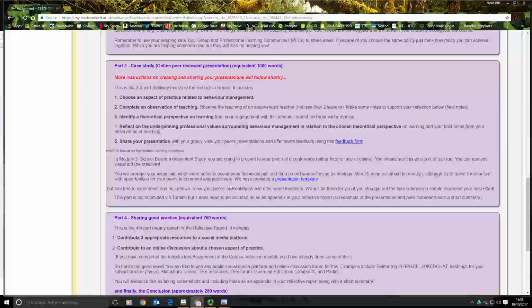Exactly. So this is where you do get a chance to talk about behaviour and behaviour management. It's quite a nice way of looking at it. What we're wanting you to do is observe some other teachers doing their job, go into their classes, obviously with their permission, and take notes about how a teacher more experienced than you.